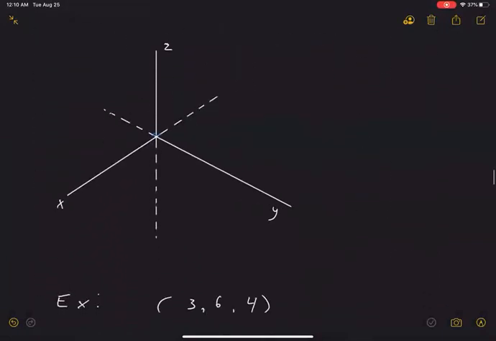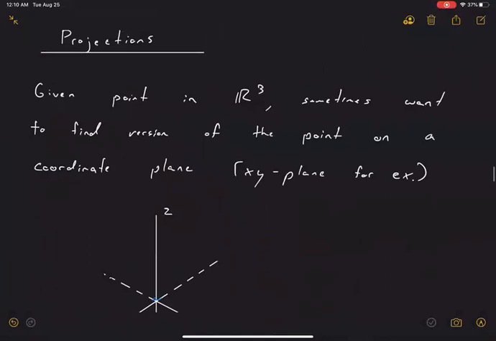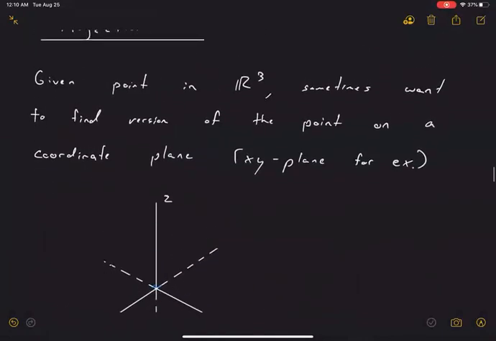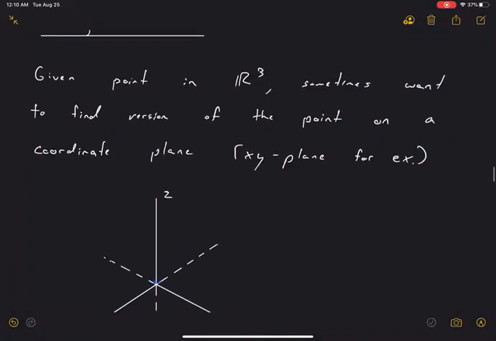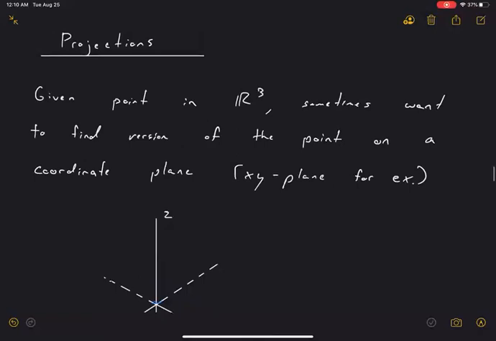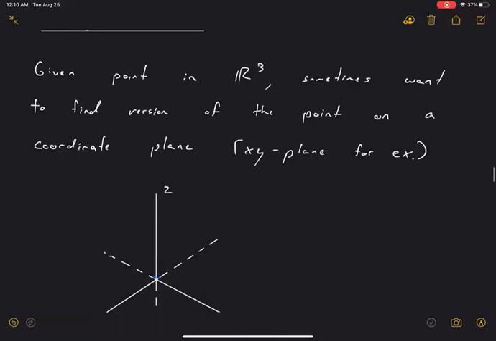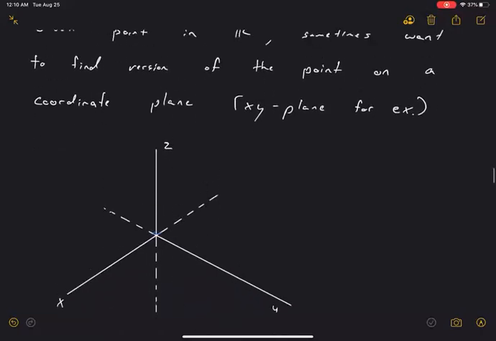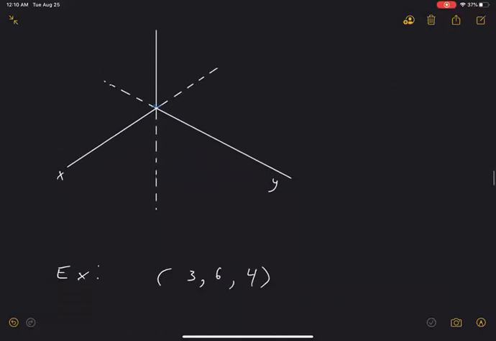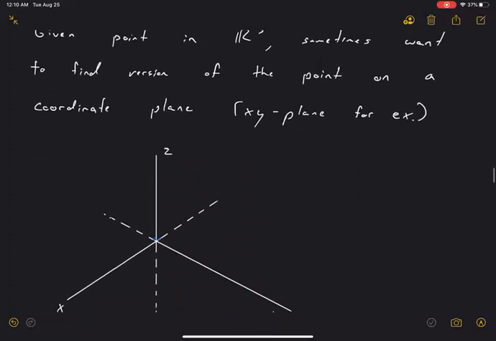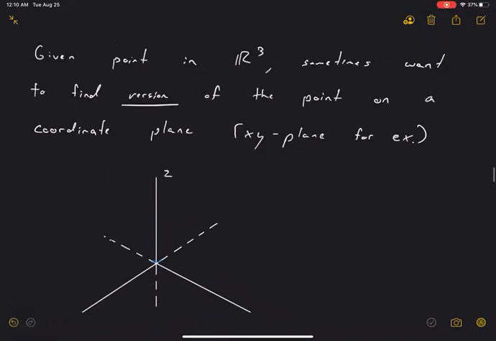Quickly, projections. I was talking to another professor recently, and he had a quibble about calling these projections. He's right that they're referred to as projections, but we're going to see a more rigorous definition later. Let's say I have a point in R3, in particular the point (3, 6, 4).